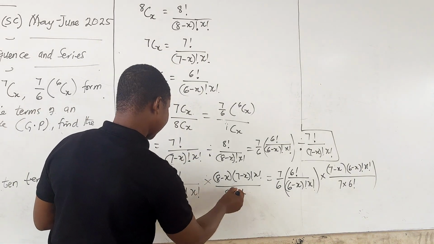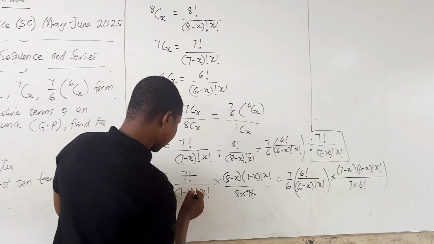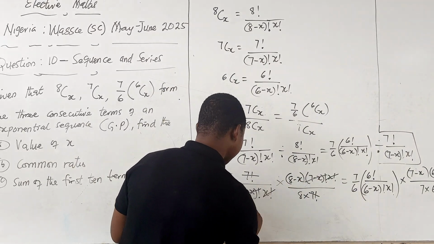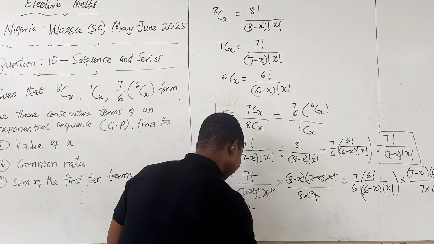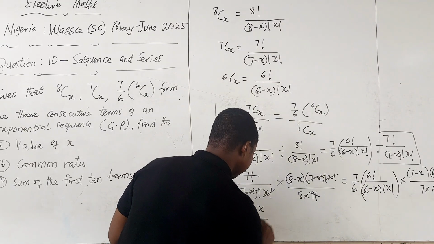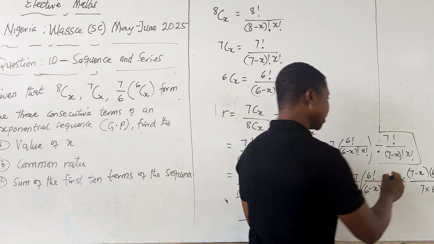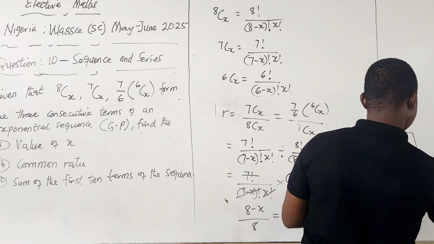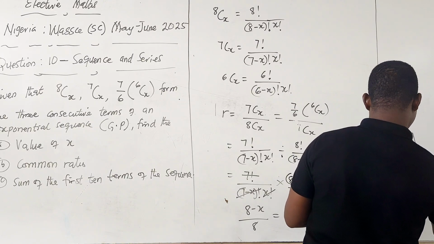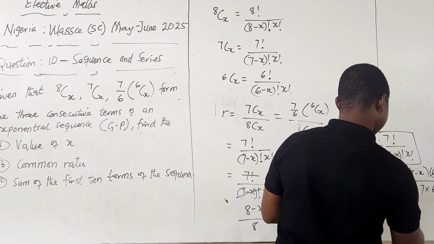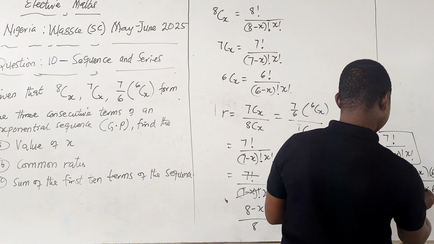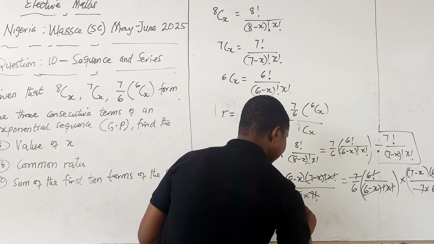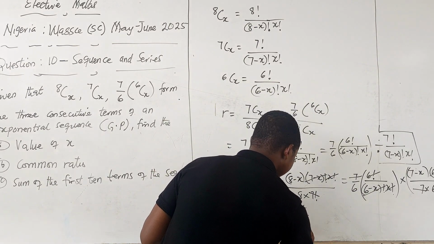This factor will cancel that, this one cancels this, and we have 8 minus x over 8 is equal to, on this side also, things cancel, even 7 can cancel 7, so we have 7 minus x over 6.